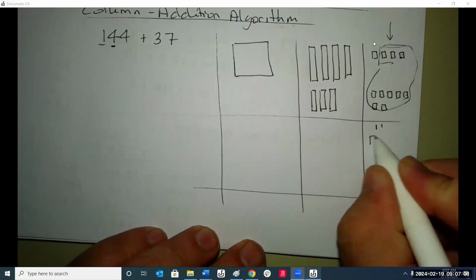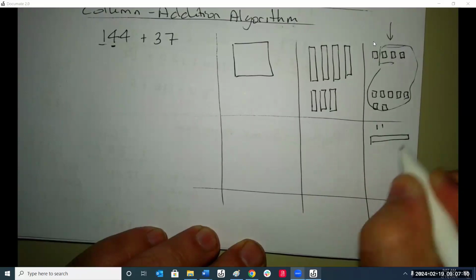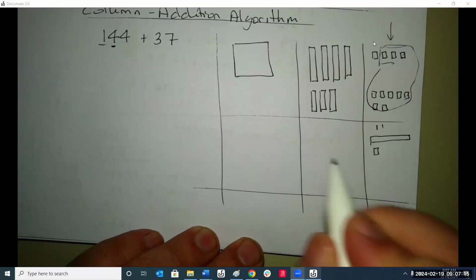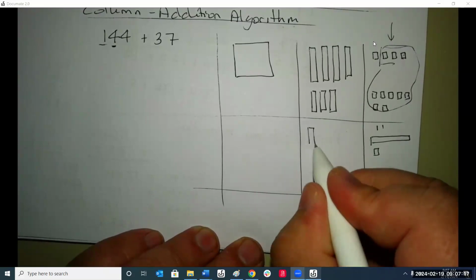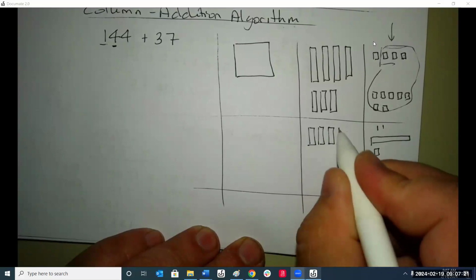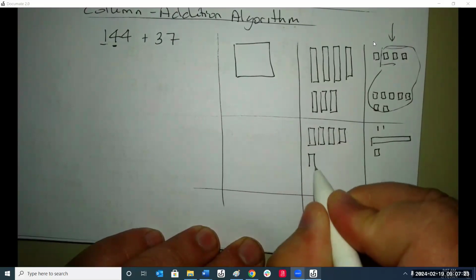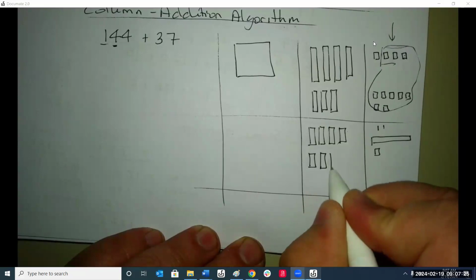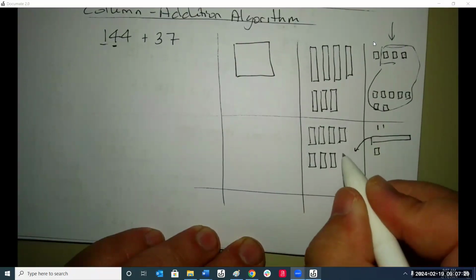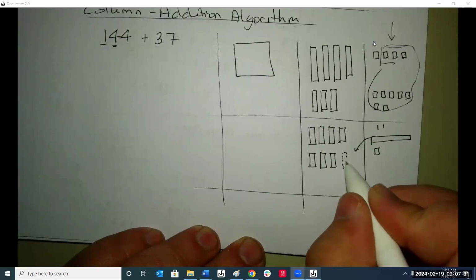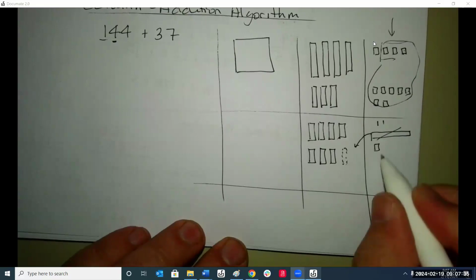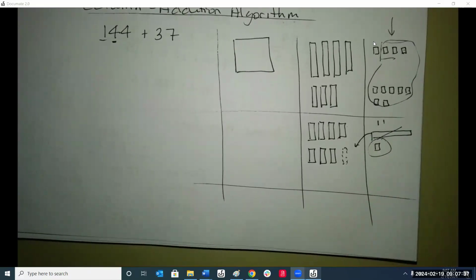So we have 10 of them and 1 left over. So this 10 goes here. And it's gone there. So we only have that one.